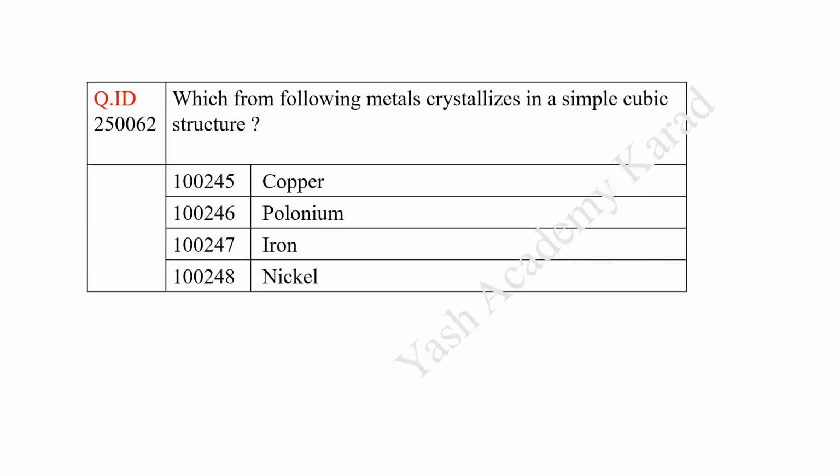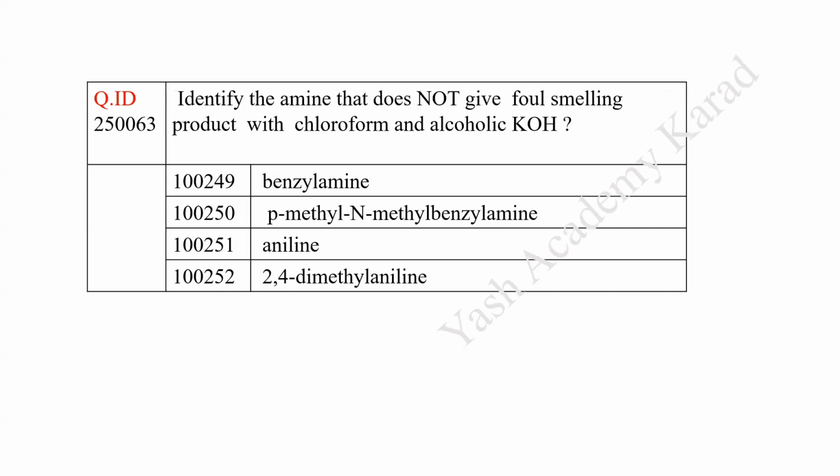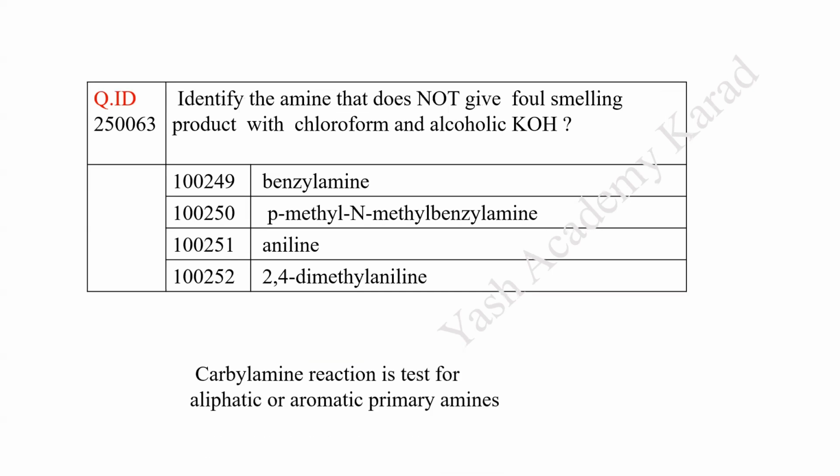Which from the following metals crystallizes in a simple cubic structure? Polonium. Identify the amine that does not give a foul smelling product with chloroform and alcoholic KOH. Carbylamine reaction is a test for aliphatic or aromatic primary amine.